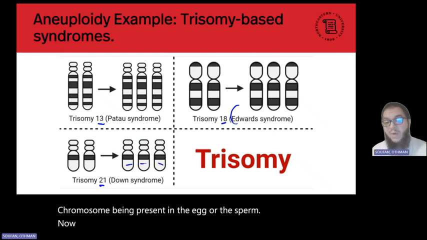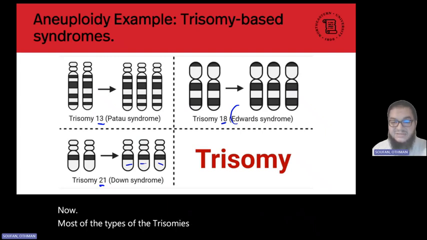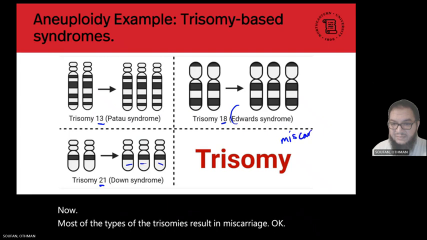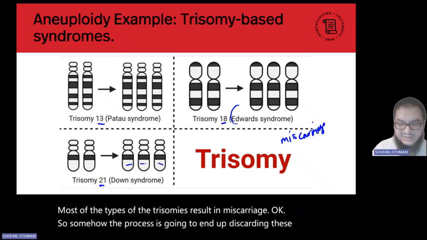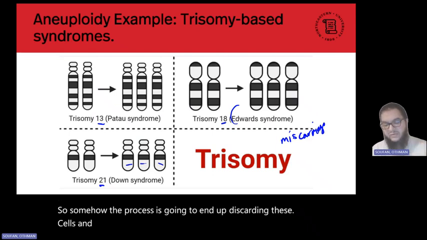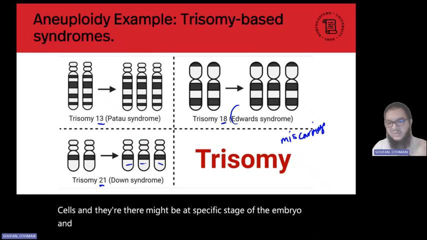Now, most of the types of trisomies result in miscarriage. Somehow the process ends up discarding these cells, and it might be at a specific stage of the embryo and so forth, but that's going to be a kind of miscarriage.